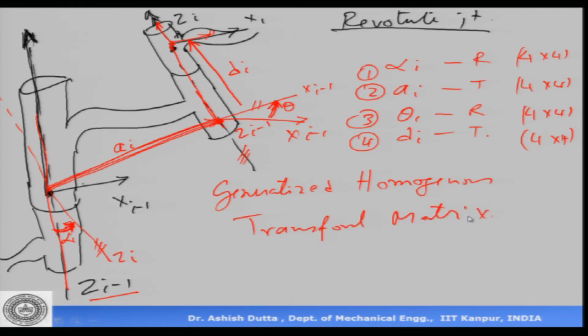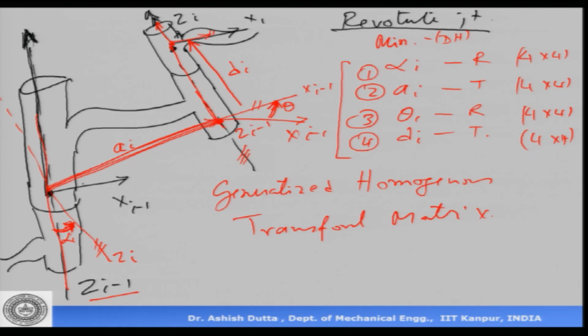Now, something important to note here is that at most, to go from any frame to any other frame in space, you require these 4 transformations only. You can of course have more transformations, but the minimum number is 4, and this is what makes the DH parameters very, very important, and we always use the DH parameters for this.